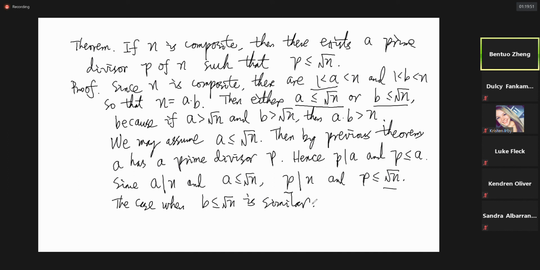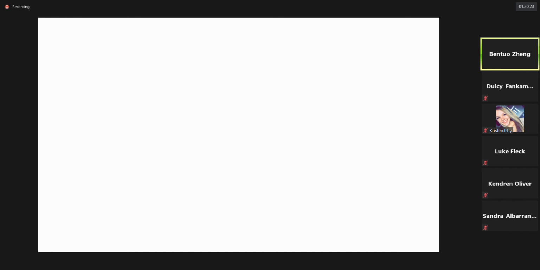This theorem tells us if you want to determine whether a given number is composite or prime, you just need to look at all the prime numbers which are less than or equal to square root of n, and check whether those prime numbers are divisors of n or not. If no prime numbers less than or equal to square root of n divides n, then n has to be a prime number. Okay, so let's look at one example, then we're done.